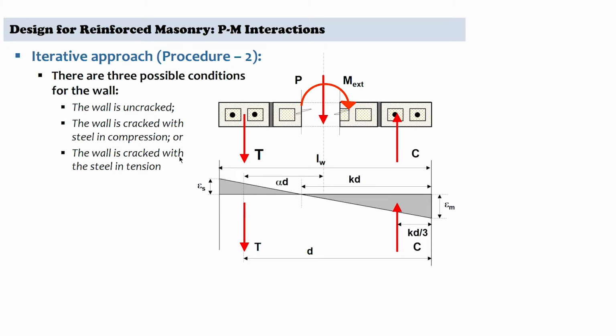So these are the three regions which you should be able to check a priori, and as we discussed earlier, the first two regions are simpler because you can arrive at a closed form solution to estimate the maximum moment, where basically the masonry compression is controlling. The third region is where the tension is controlling, and where the tension controls, you need to use an iterative procedure.